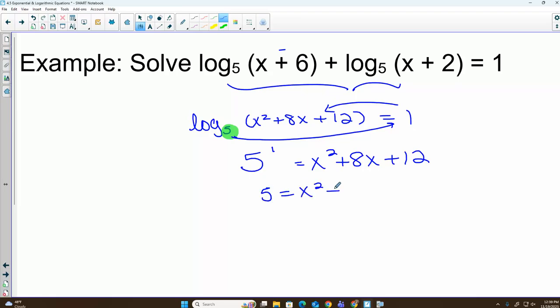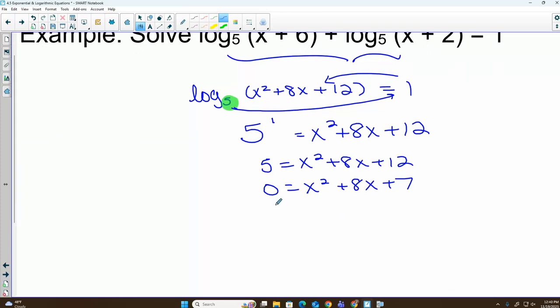What would you need to do now? All right. What multiplies to 7 and adds to 8? If I set those equal to 0, we get -7 and -1.